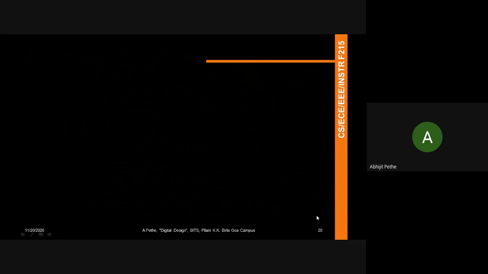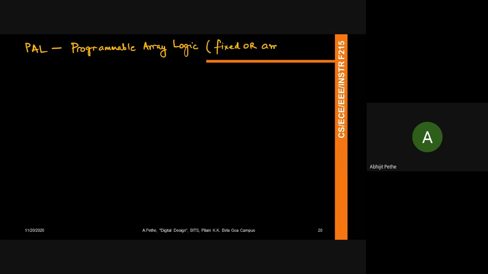So the second one which we discussed was the other version, which is known as a PAL, or programmable array logic. The difference between the PLA and PAL is that this has a fixed OR array. So you don't have the flexibility of picking how many inputs go into the OR.